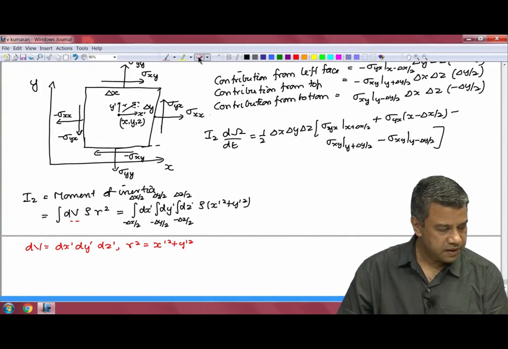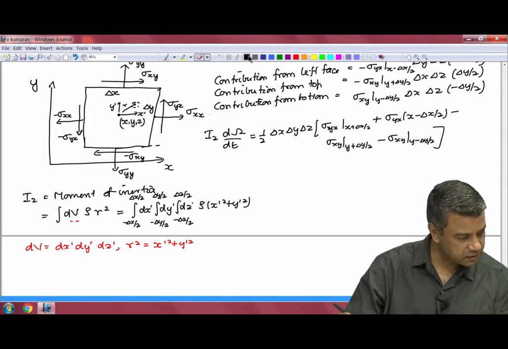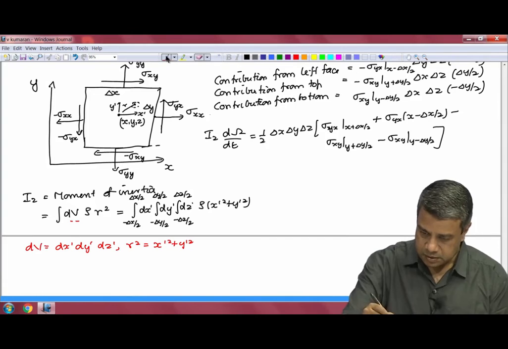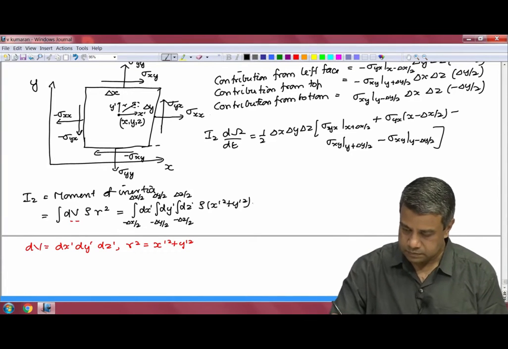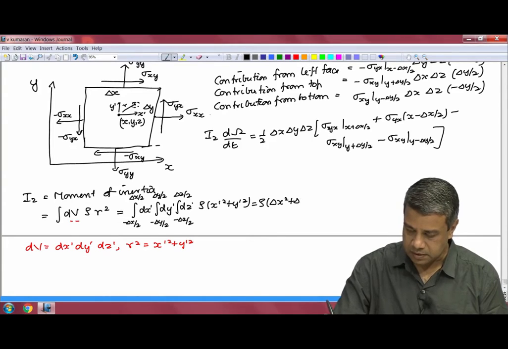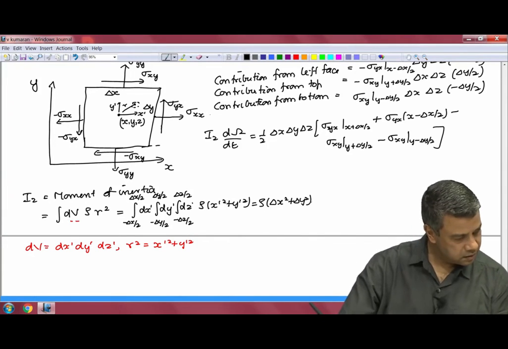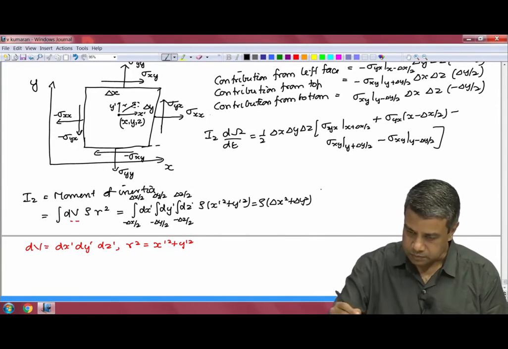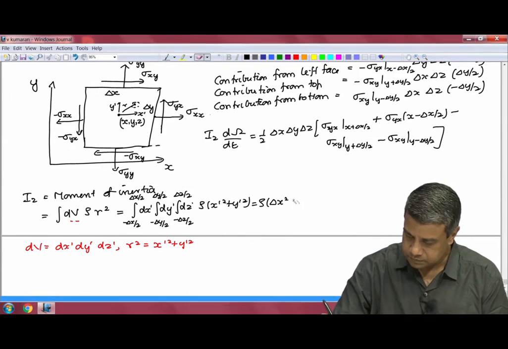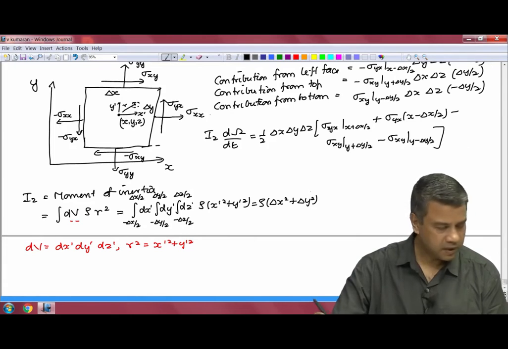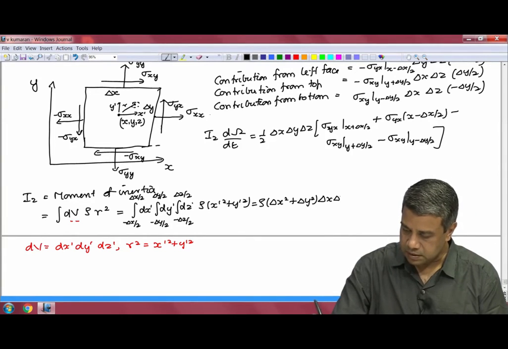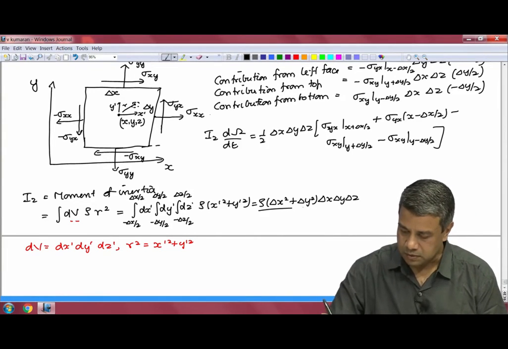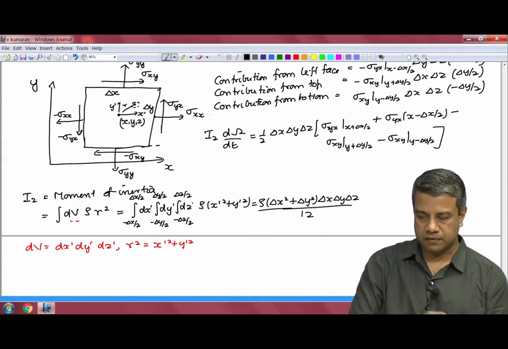It is relatively easy to see that by carrying out this integral over this entire volume, this is equal to rho into delta x square plus delta y square, into delta x, delta y, delta z, the whole divided by 12. It is a factor of 12 that comes out.